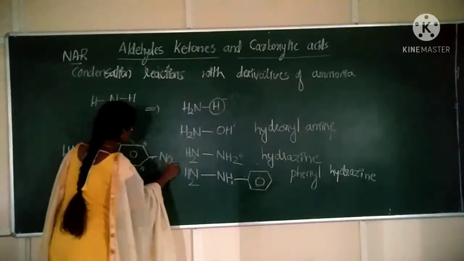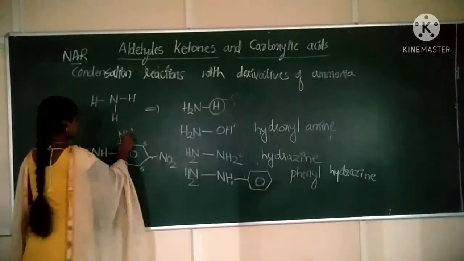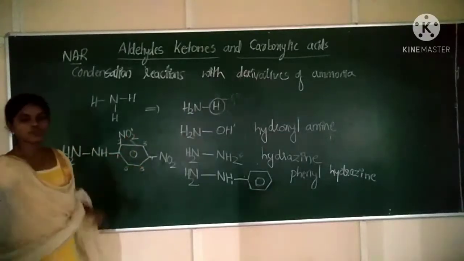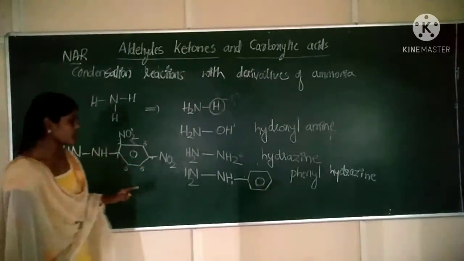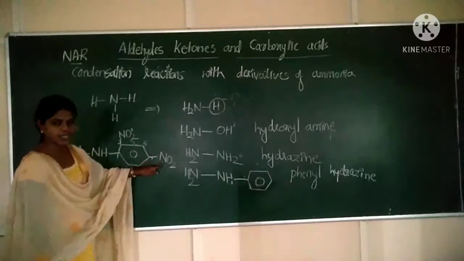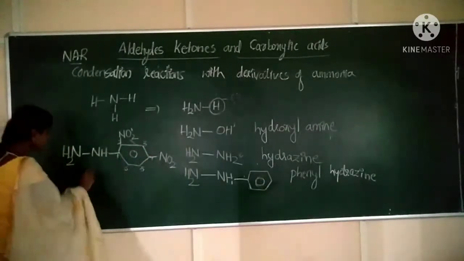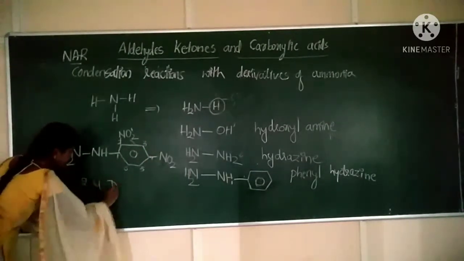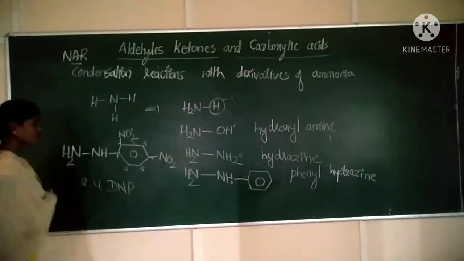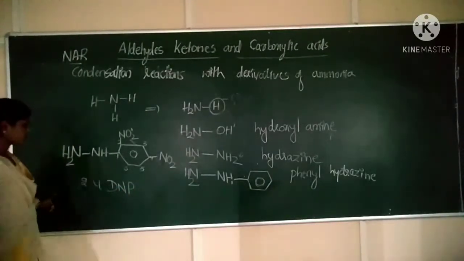NO2. If the second and fourth positions of the phenyl ring are substituted by NO2 groups, this compound is called 2,4-DNP. What is 2,4-DNP?